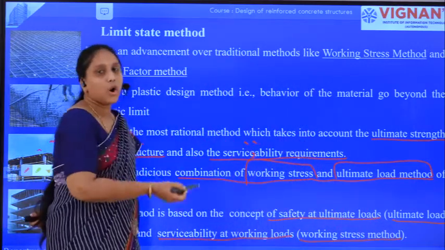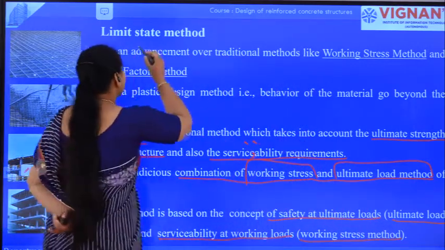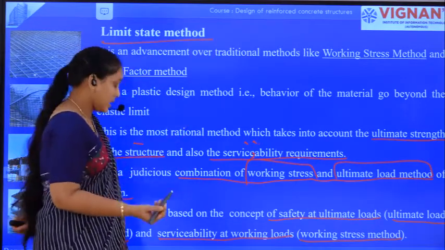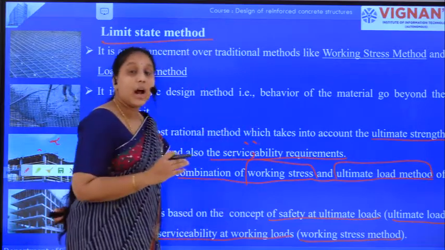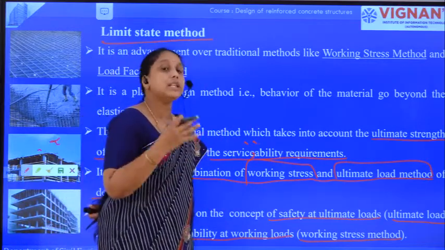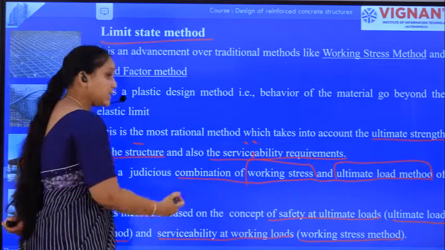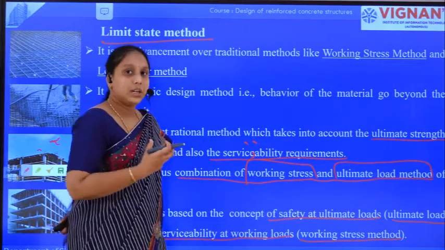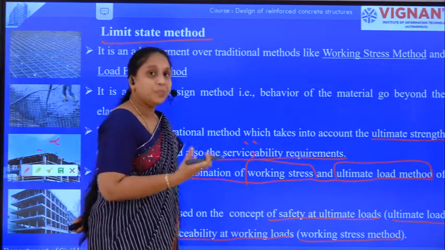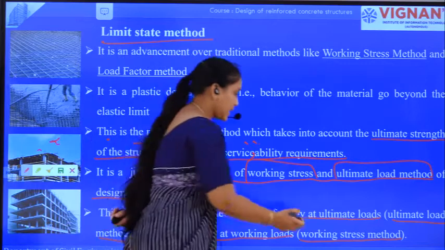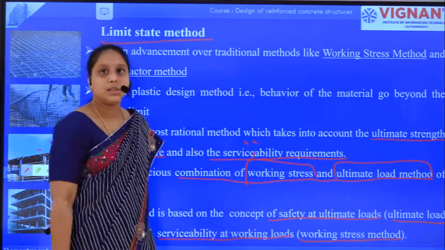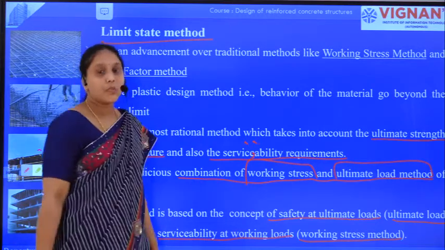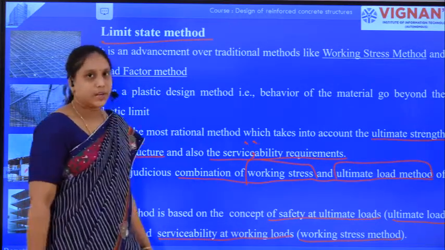Both combined is nothing but the limit state method. In this limit state method, we are considering the safety at the ultimate loads, that is we are enhancing the loads, as well as the serviceability at the working loads, that is the reduced material strength is also taken into consideration as in the working stress method. So the combination of these two is the limit state method of design.